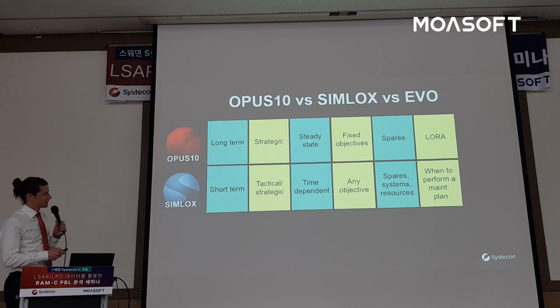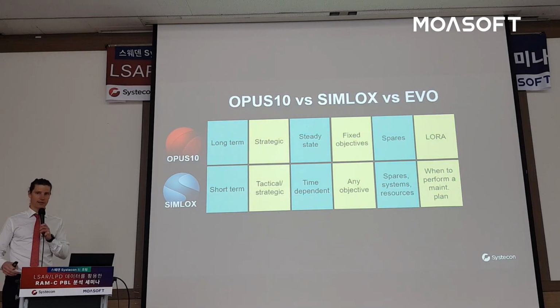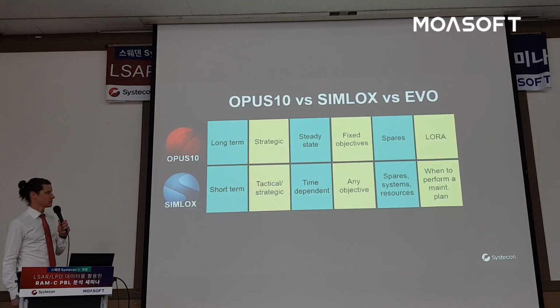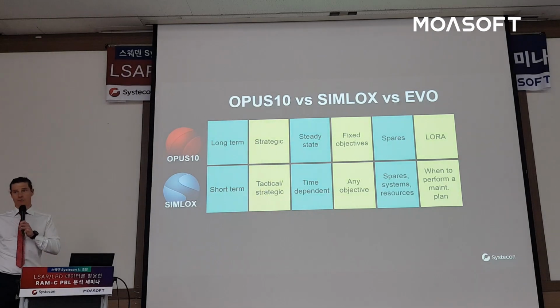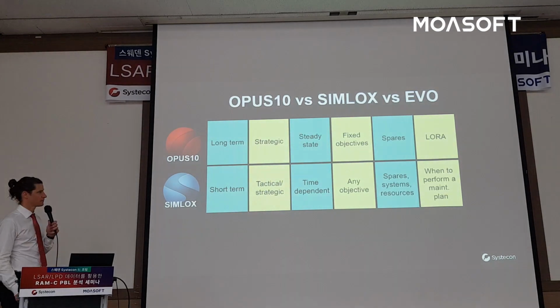Opus 10 is a steady state model, meaning that we are only working with average rates and average values. So there's no time variations in such a model. However, with the simulation, we can handle any time dependencies. So variations over time, for example, changes in failure rate over time or changes in repair times, etc.